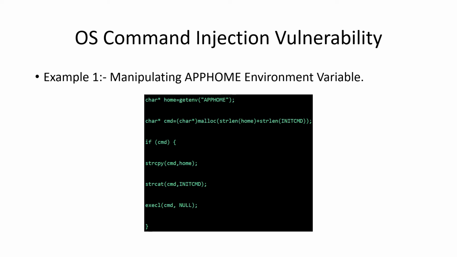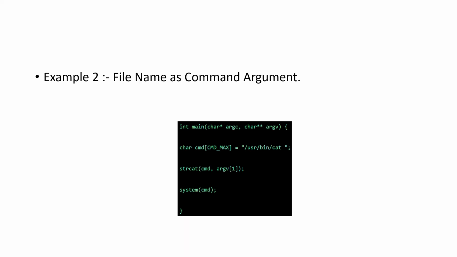Although the program only enables read-only access to the file, it enables command injection if the attacker passes a string like this instead of a file name. And going to the second example, the file name as a command argument.